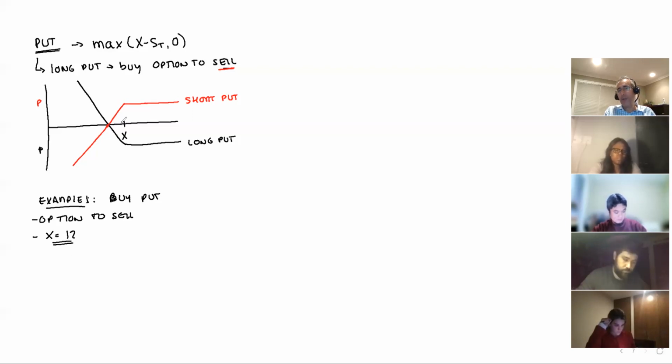Now, what happens if the market price is less than 12? What do you do? You go to the market to sell your asset, or you exercise your option at 12? So the market is 10, and you have the option to sell at 12. Where are you going to sell?